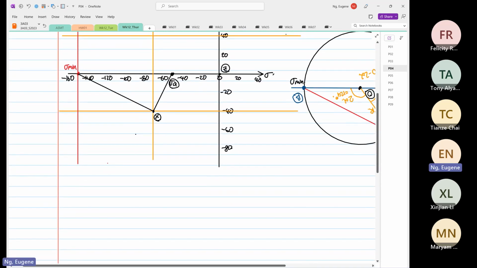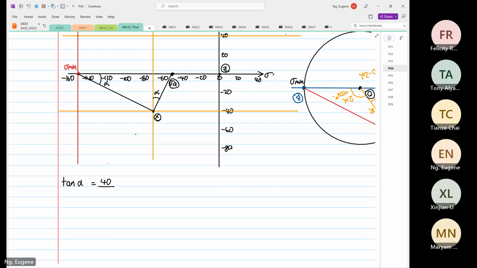So we know that I'm going to call this alpha. And this will correspond to our alpha, similar triangles. So tangent alpha will be equal to 40 divided by 150 minus 70. Why 150 minus 70? I will show you.